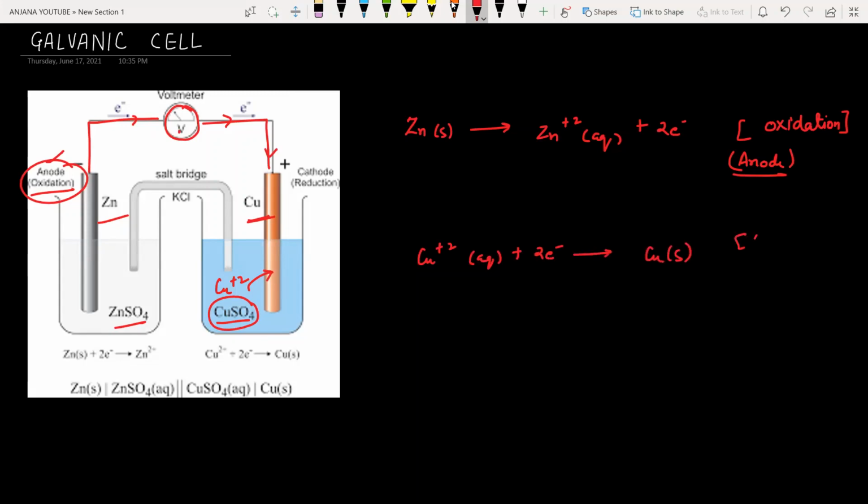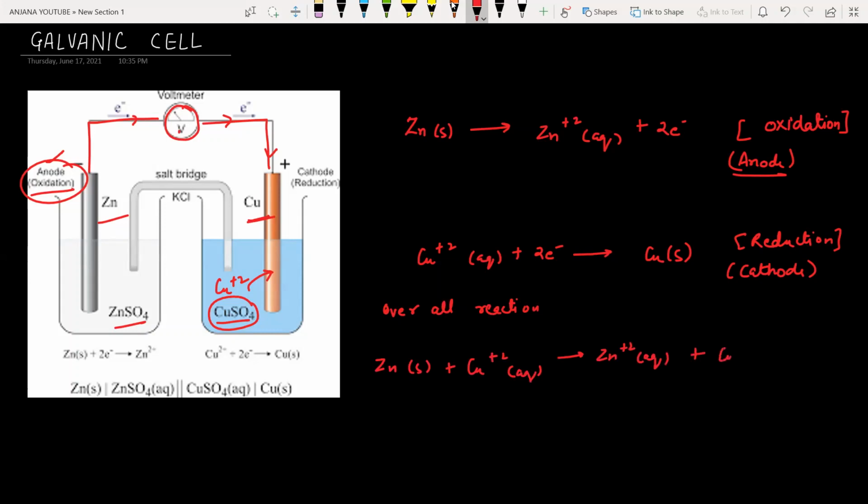Gaining of electrons is known as reduction, and wherever reduction is happening, that terminal is known as the cathode. So the overall reaction is going to be zinc solid plus Cu2+ ions giving Zn2+ ions plus copper solid.